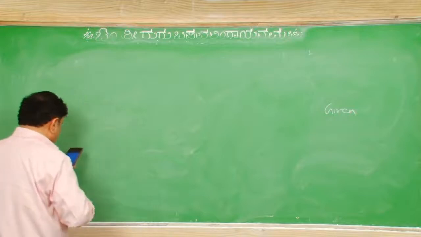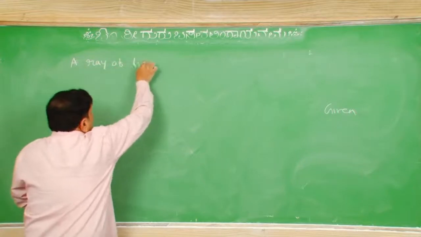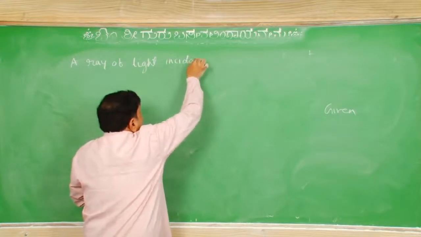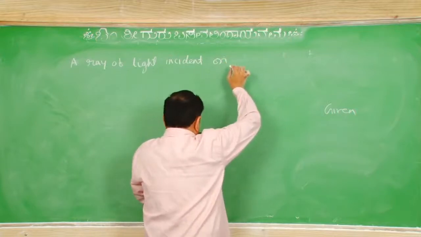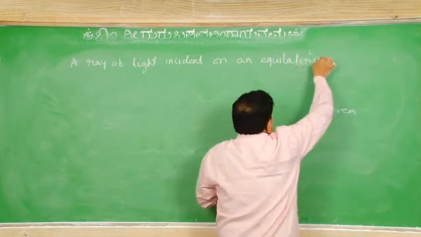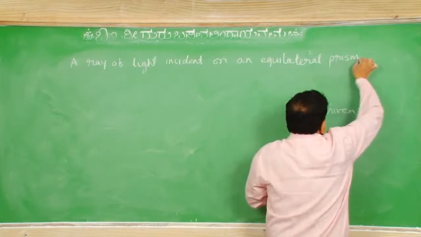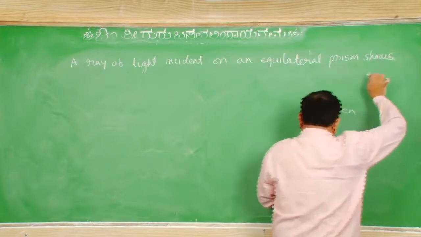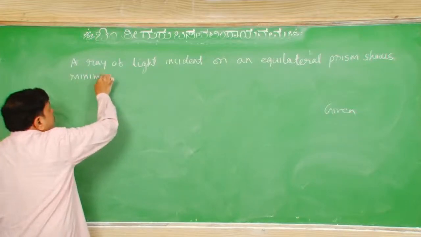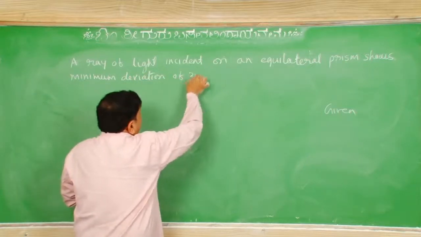Well, given that a ray of light incident on an equilateral prism shows a minimum deviation of 30 degree.